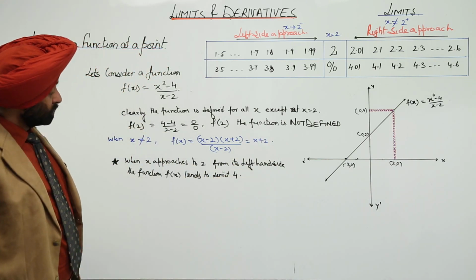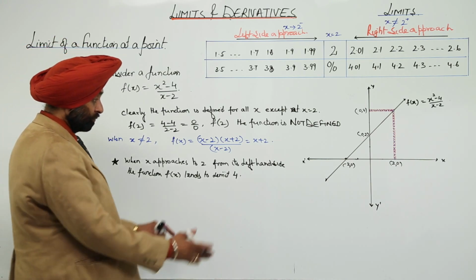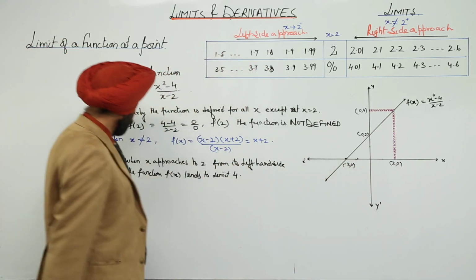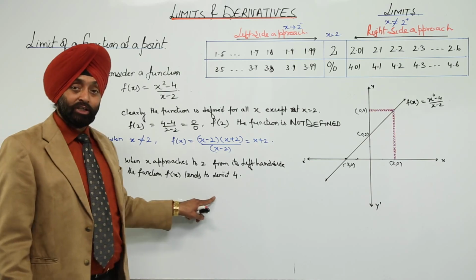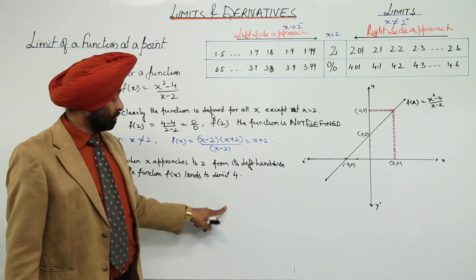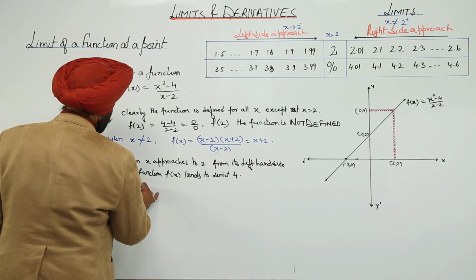When x approaches 2 from its left hand side, from this side, the function f(x) tends to limit 4. Okay? Now, notation wise, what can we write?